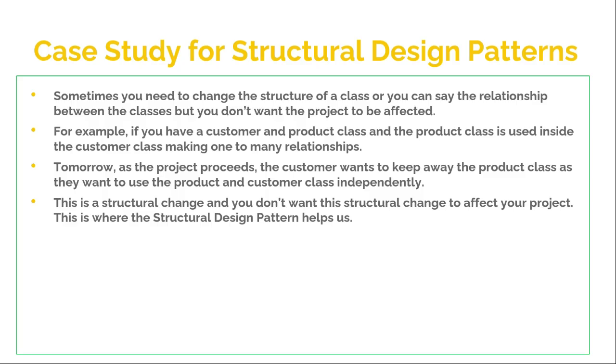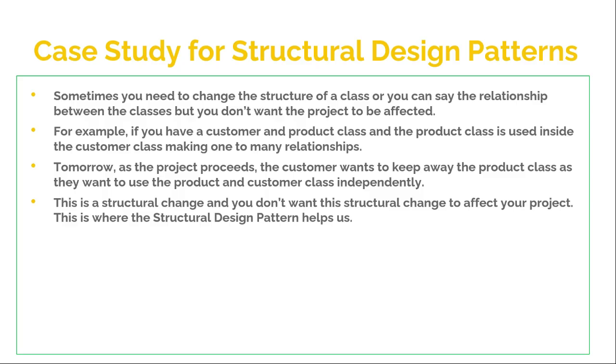Tomorrow, as the project proceeds, the customer wants to keep the product class away, as they want to use the product and the customer class independently. For example, as a customer, you have two addresses. One is an official address, another one is a home address. So as a customer, you want to send a courier of different products to different locations, and you are making one single payment for this actually.